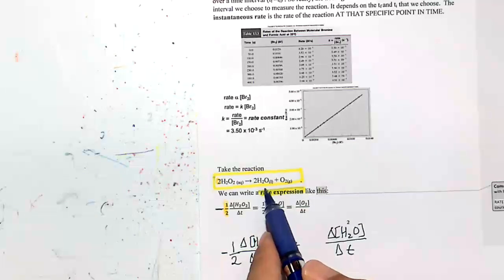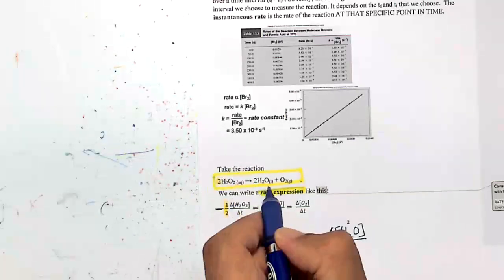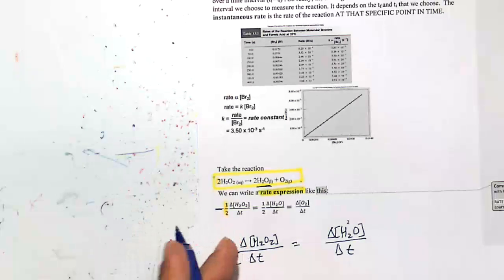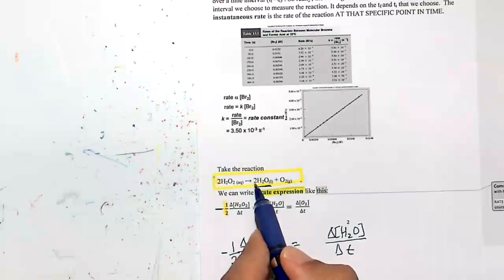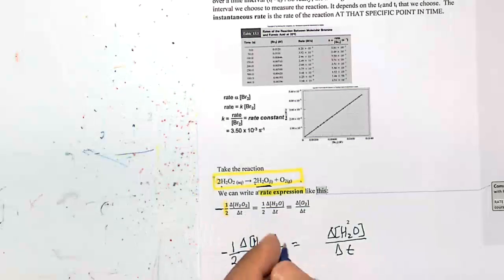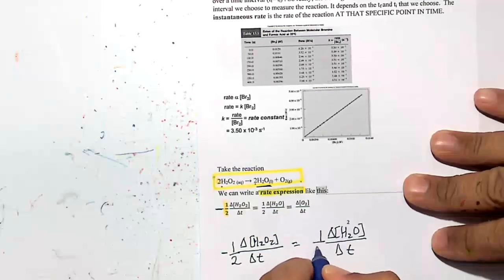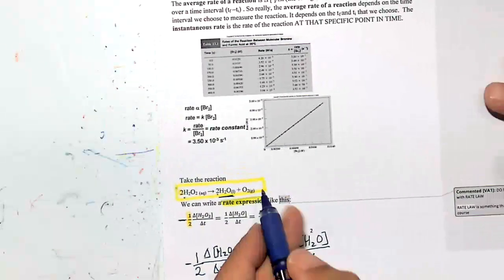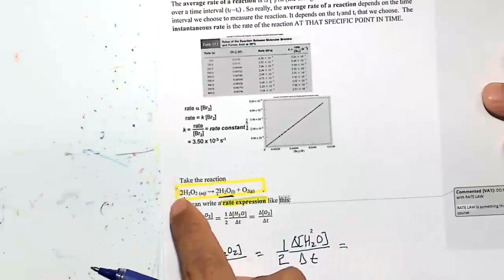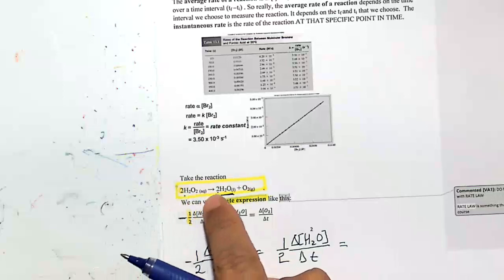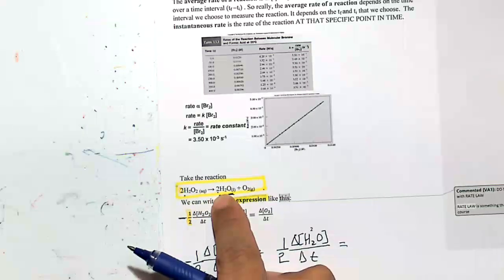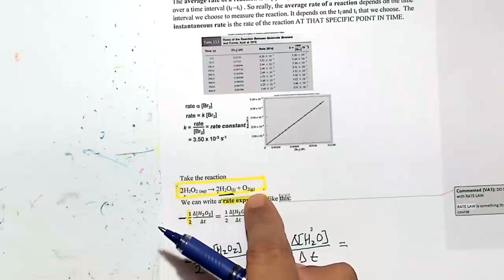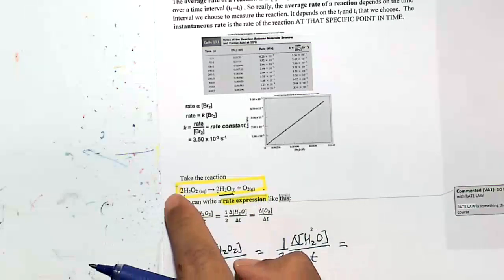Is it positive or negative? It's positive. Why? It's a product. And how many moles for this mole? It's 1 to 1, so it's going to be 1/2. So this disappearance will equal the rate of appearance of this, as well as this.